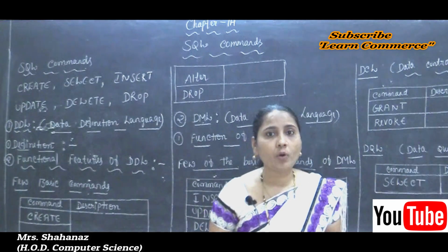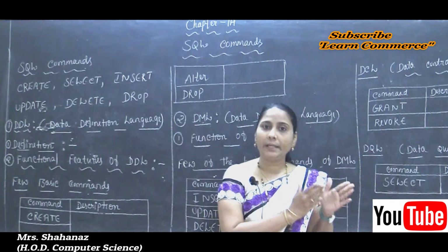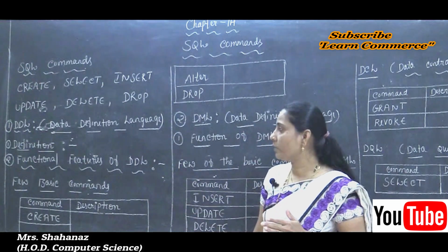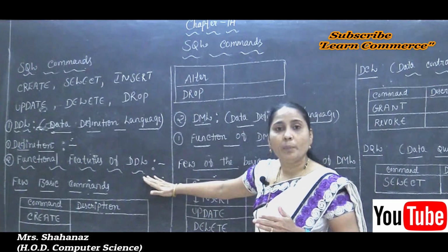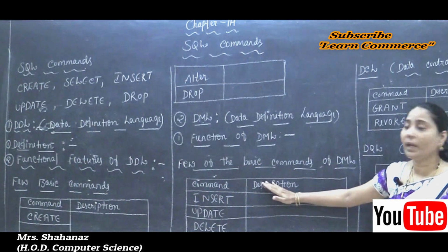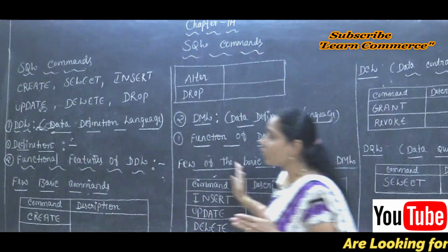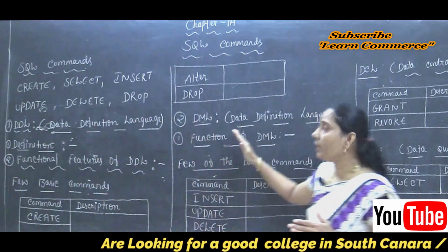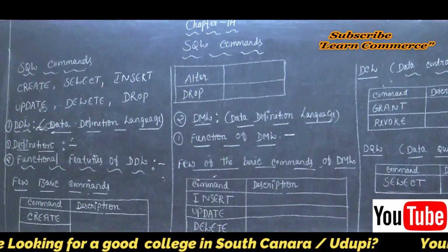We already know some commands belong to DDL and some to DML. In this concept we are going to learn some of the basic commands of DDL and also of DML, along with the definition and functions of DDL and some of the features of DML.